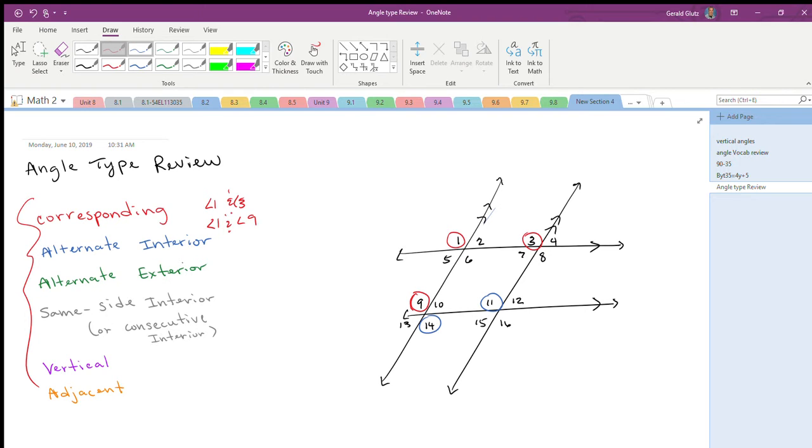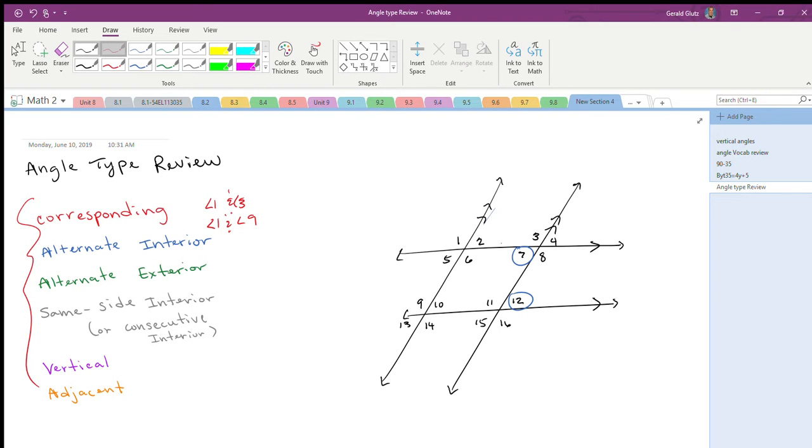Another example of alternate interior would be, let me erase these. Angle 7 and angle 12. So those both touch this line, so that makes this the transversal.